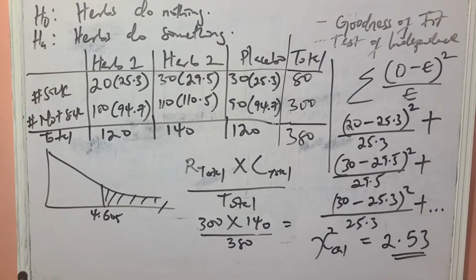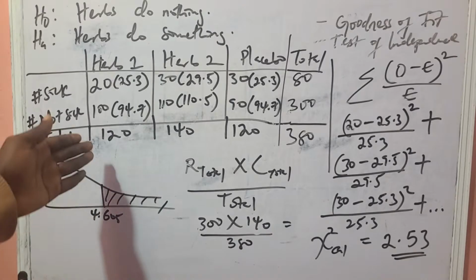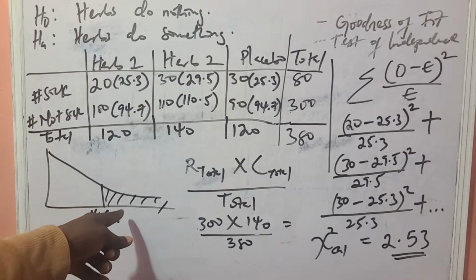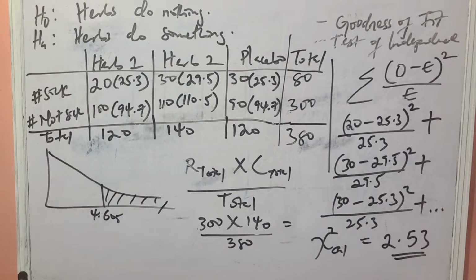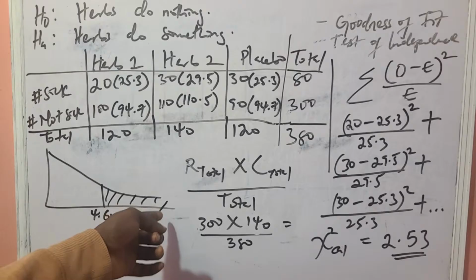We had our critical value to be 4.06. Obviously, this is our critical region, our rejection region, and this is our acceptance region. So we need to investigate, does 2.53 fall inside the rejection or acceptance region?